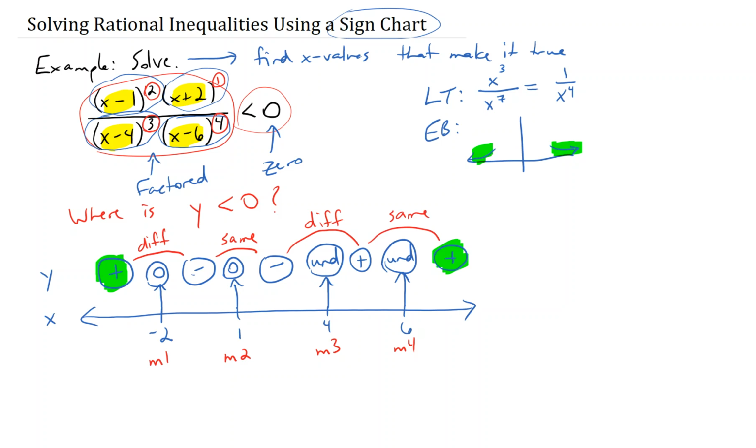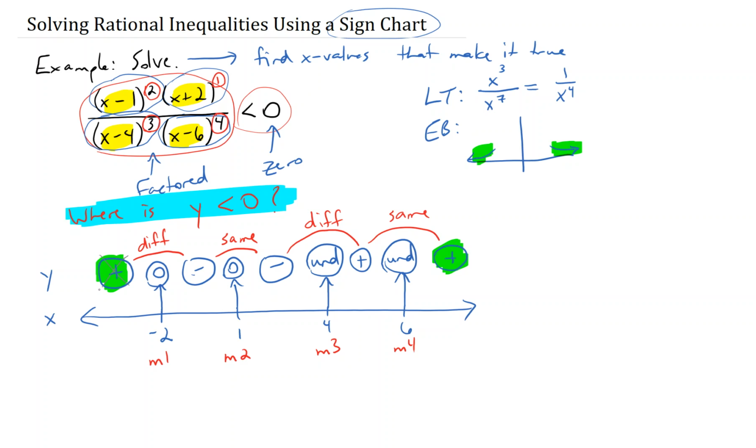Okay, now we've got a complete number line chart. And remember, what we're trying to determine is where is y less than 0. So let's go through and put check marks next to all the places where y is less than 0, meaning negative values. So here, y is positive.